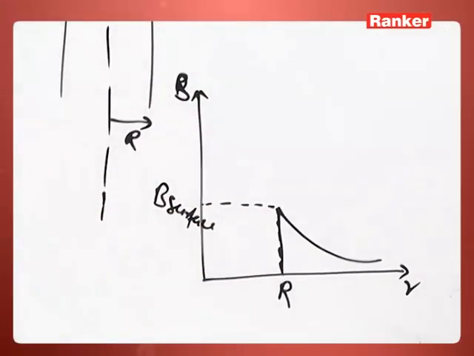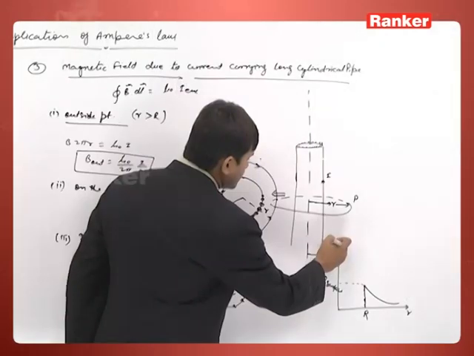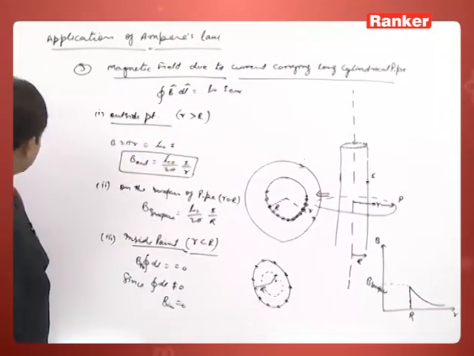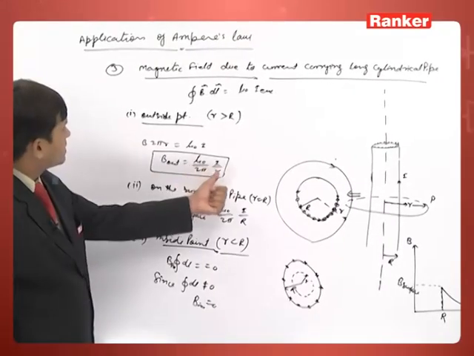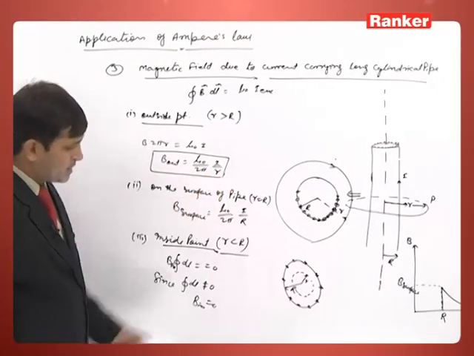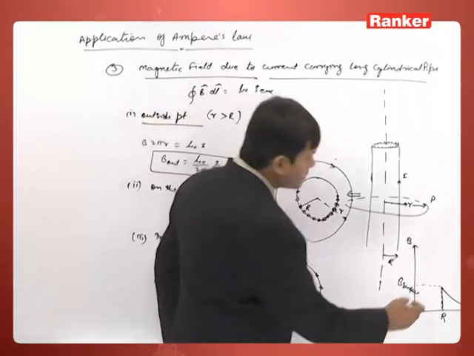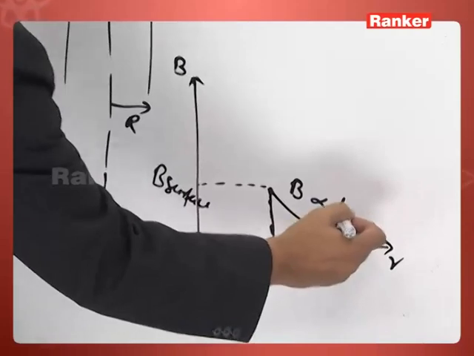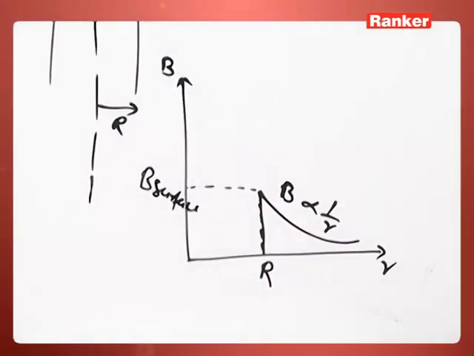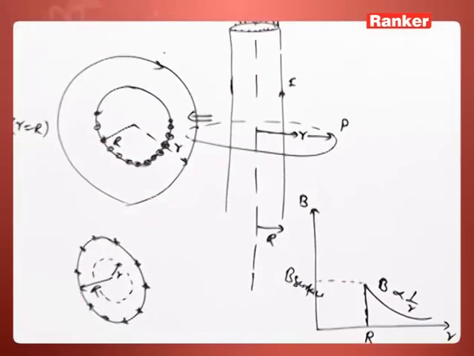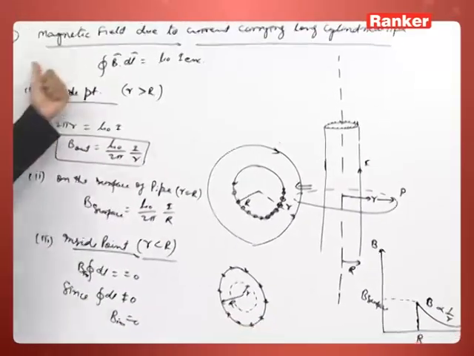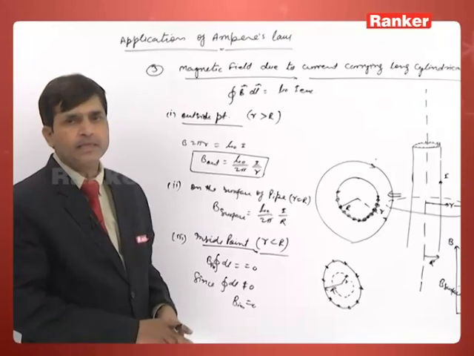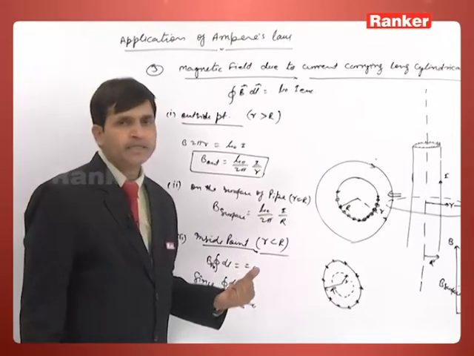So this is the variation of the magnetic field. Outside the cylindrical pipe, B is inversely proportional to r, like this. This is the variation of the field using Ampere's law.